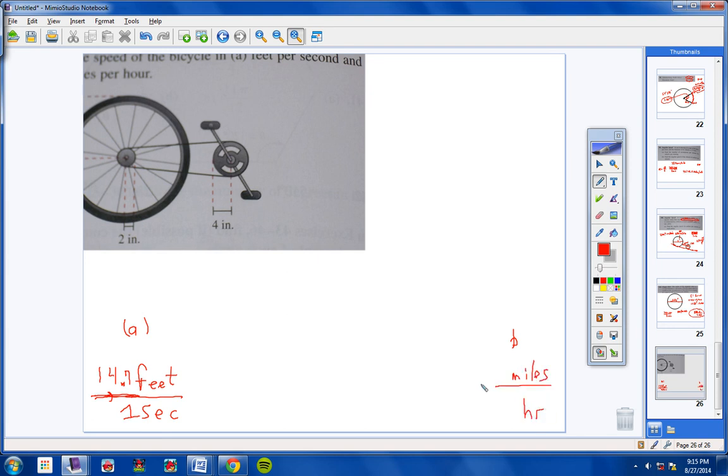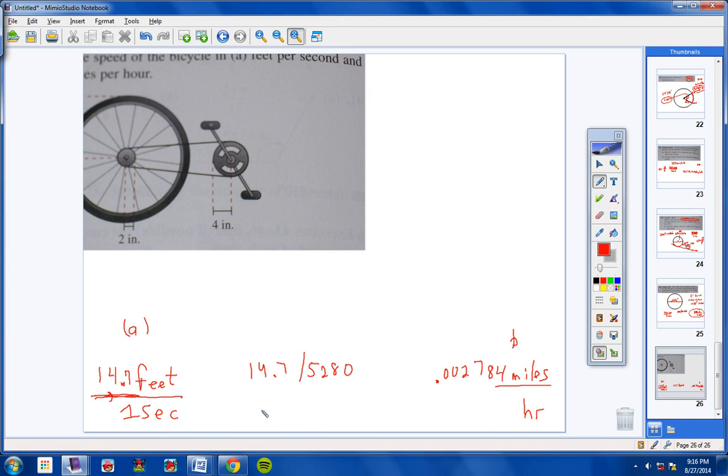Okay, so let's go ahead and convert 14.7 feet over to miles. So I'm going to take 14.7 and divide it by 5,280. And here's what I'm going to get. I'm going to take 14.7 feet and divide that by 5,280, and that will give me 0.002784 miles.